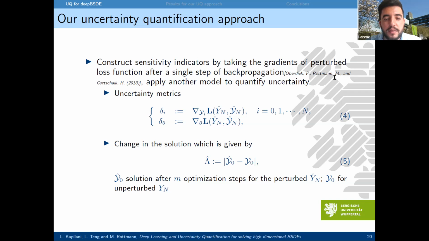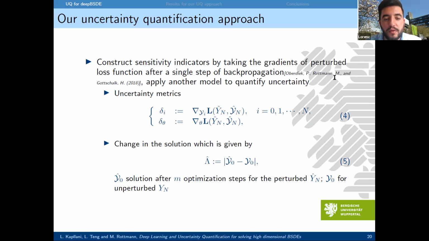These sensitivity indicators are calculated as in equation 4, and we denote them by delta. Delta i here are the gradients of the perturbed loss with respect to the values of y, which is the output from the network. We can also easily register the gradients with respect to all the weights of the network, all these weights theta.